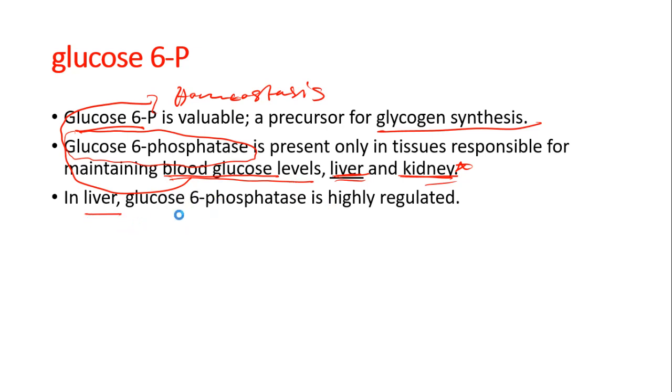Remember this point, whereby we need to understand that glucose 6-phosphatase plays a role in the conversion of glucose 6-phosphate to what? To glucose, and glucose will help us to have energy in the body. So the amount of glucose 6-phosphatase is regulated by the what?